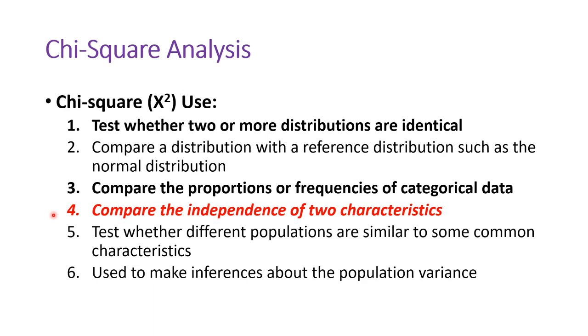Is one characteristic dependent on the other? Chi-square can be used to ask a variety of questions, but the most common that you'll see in this course is using it to see if two variables are independent of each other.